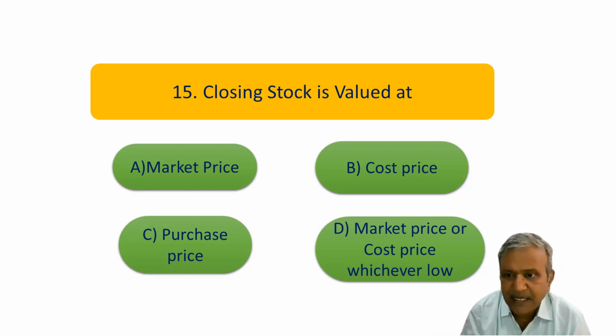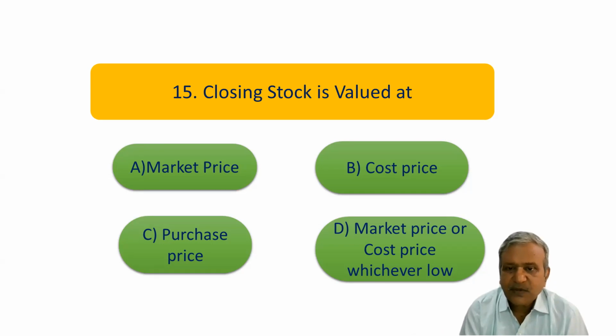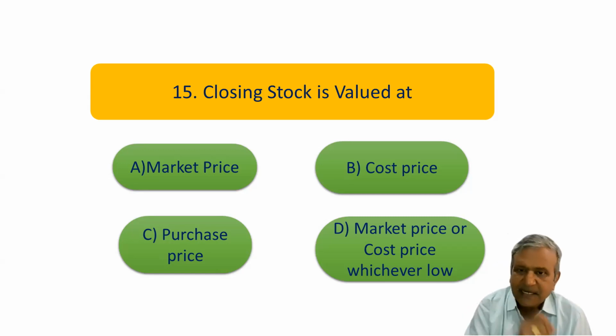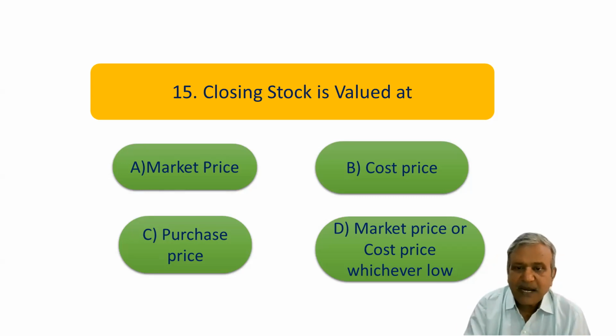You are showing in the balance sheet 1 lakh, but is that 1 lakh realizable? No. So your balance sheet is giving wrong information. Now the market price is zero, cost price is 10,000. Zero is less, so we have to take that. It is a very, very important one. All of you have to understand that.